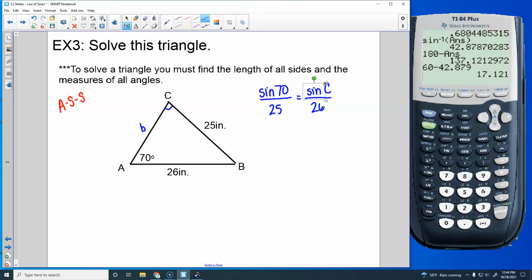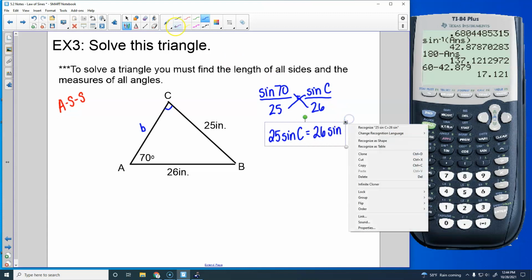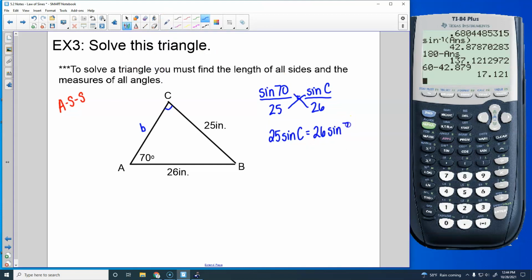Okay, so just like the last problem, we're going to solve this by cross multiplying. So we'll have 25 sine C equals 26 sine 70. We can divide by 25.